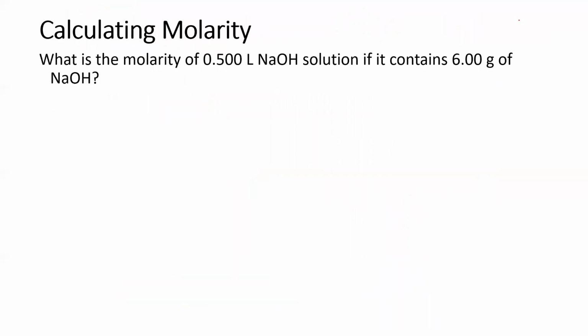So, calculating molarity, how do we do that? You typically think of molarity as moles per liter. So in this calculation, what is the molarity of a 0.500 liter sodium hydroxide solution if 6 grams of sodium hydroxide was dissolved in it?